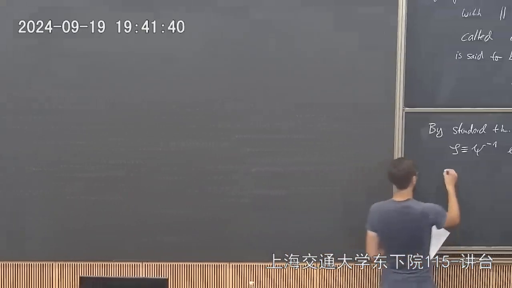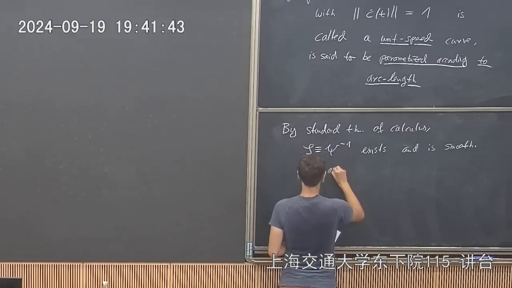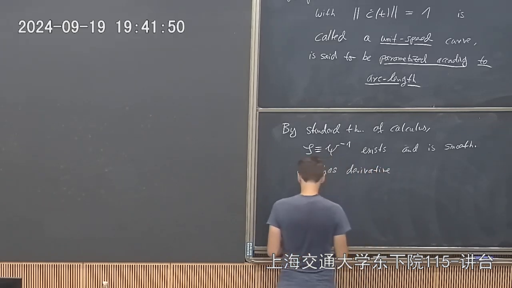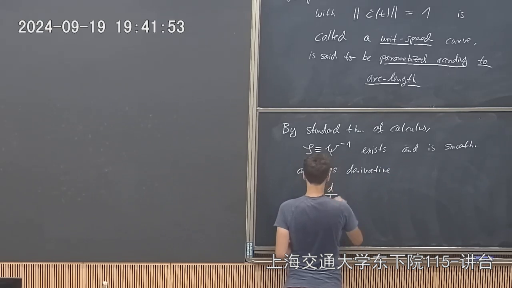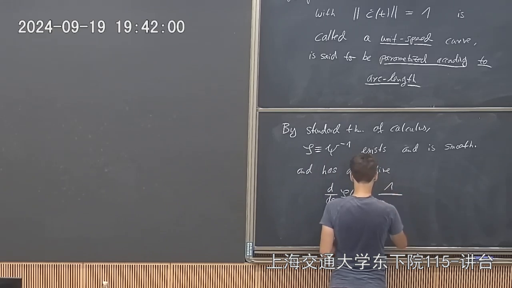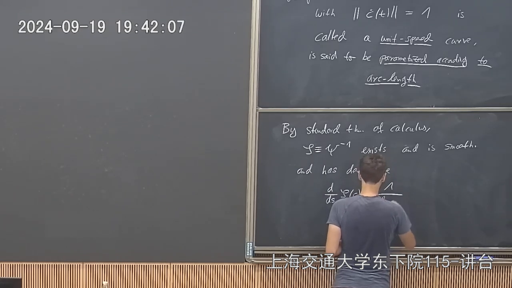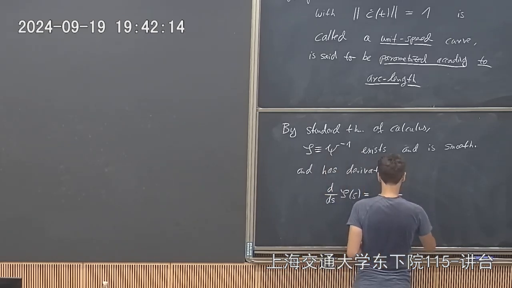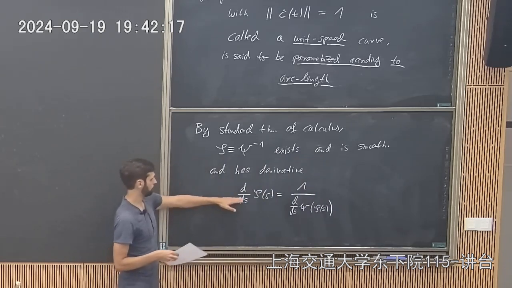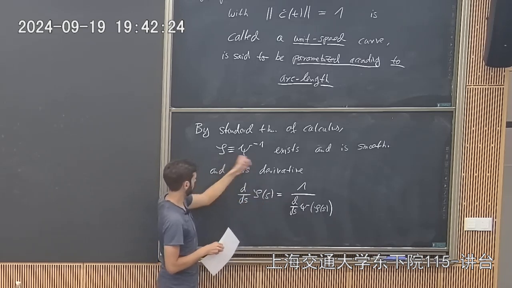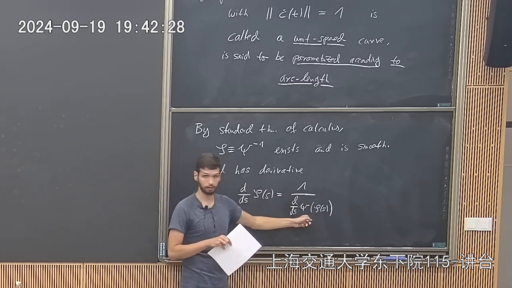And moreover, we can actually also calculate its derivative, which is, so that's an abstract version of the implicit function theorem, that the derivative of that inverse is given by 1 over the derivative of the function.